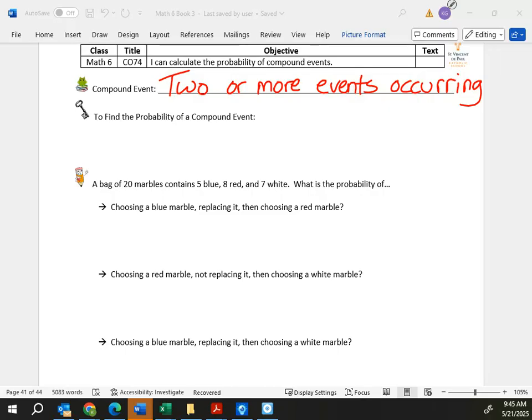All right, so compound event is two or more events occurring. So to find the probability of a compound event, you find the probability of each event like we did yesterday. So you think of each event that you're doing and you write down the probability, that fraction for each event.